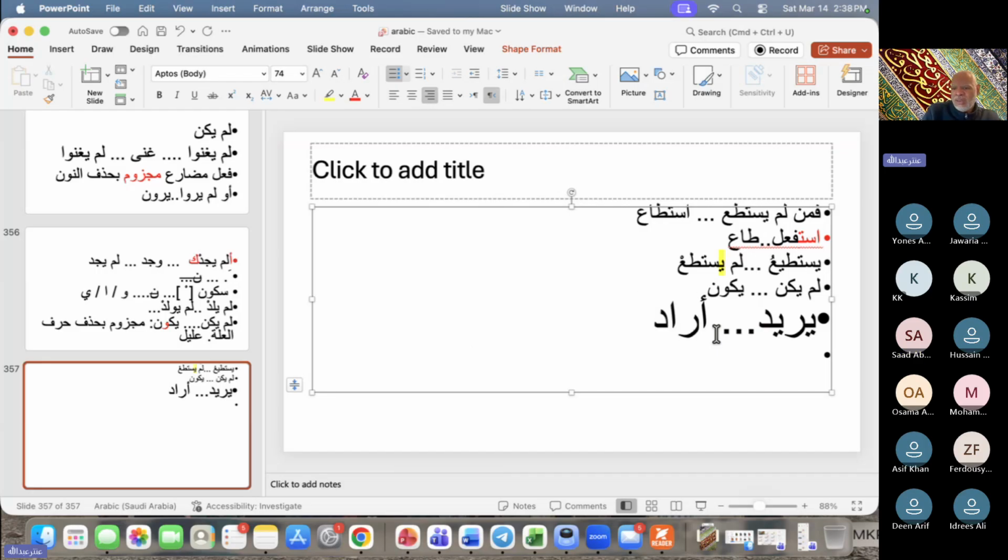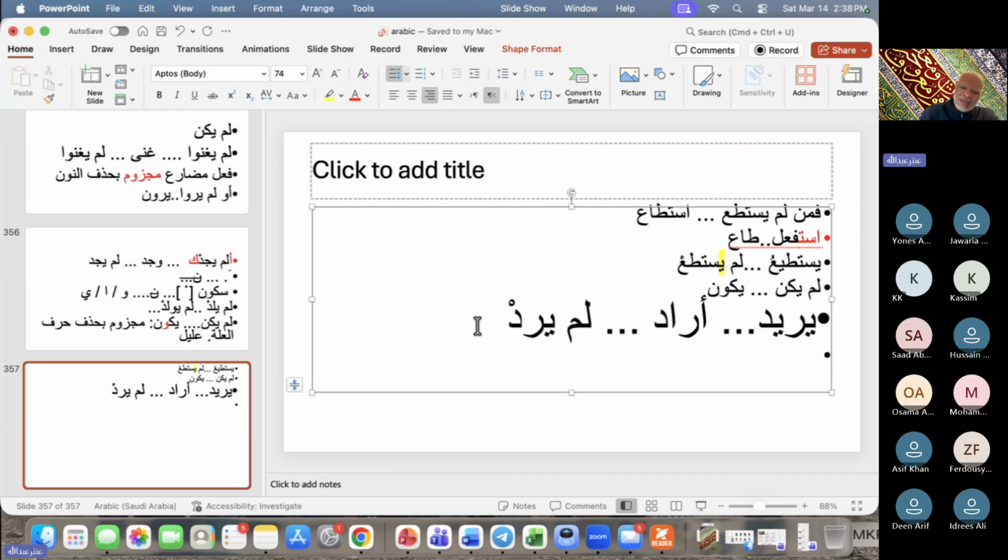So arada, and the present is yurid. If we place lam, then we go to yurid after that. The Arabic language says you have to do something: lam yurid. So we drop this ya here because it is harf illah. By doing that, it makes it majzoom. It is majzoom now, and the sukun is just added, but the marker is dropping the harf al-illah. Okay, thank you.